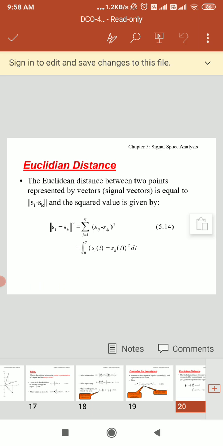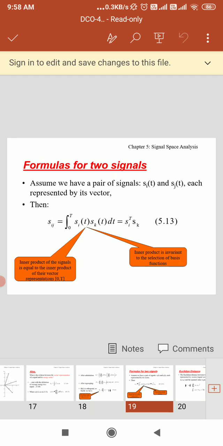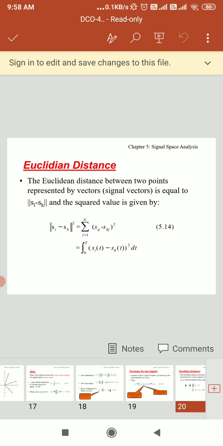Now we will see the Euclidean distance between these two signals, Si of t and Sk of t, the pair of signals.